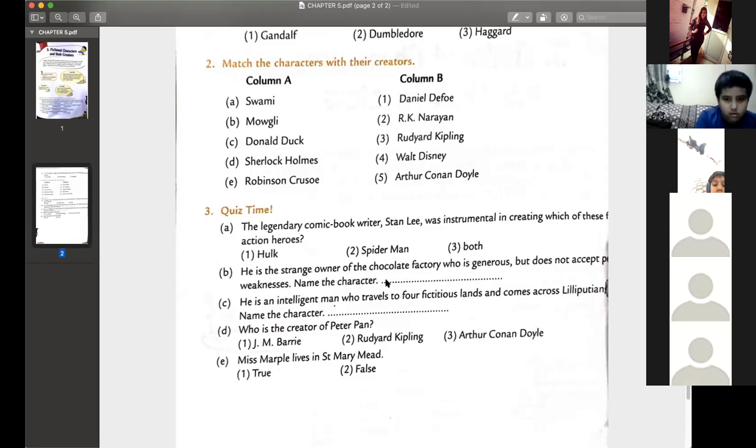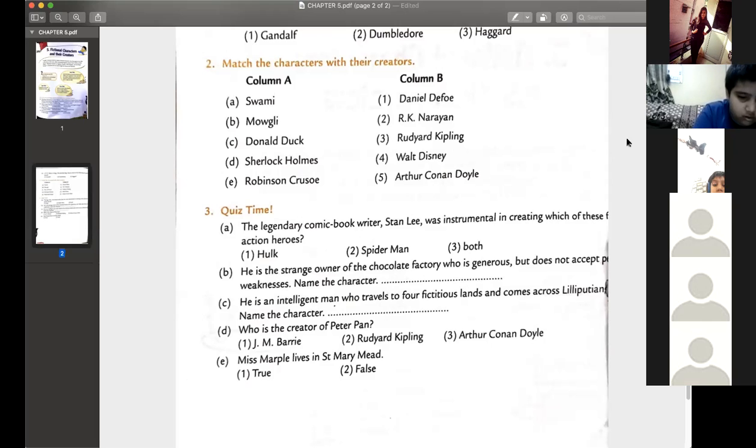Yes, very good. He is the strange owner of the chocolate factory we have done in chapter number 3, but does not accept people's weakness. Name the character. Yes, Aditya Kerola again. Ma'am, Willy Wonka. Excellent.